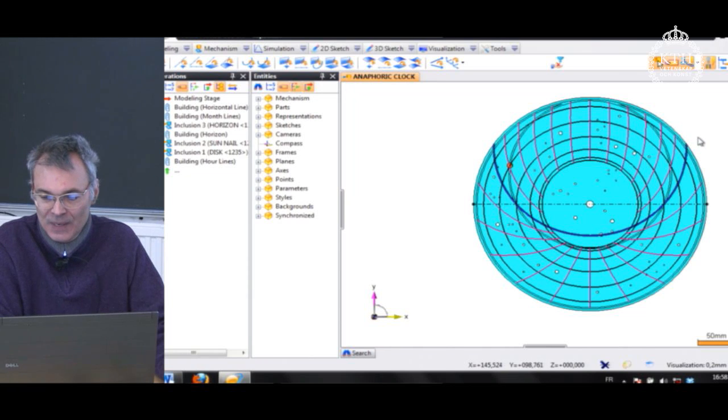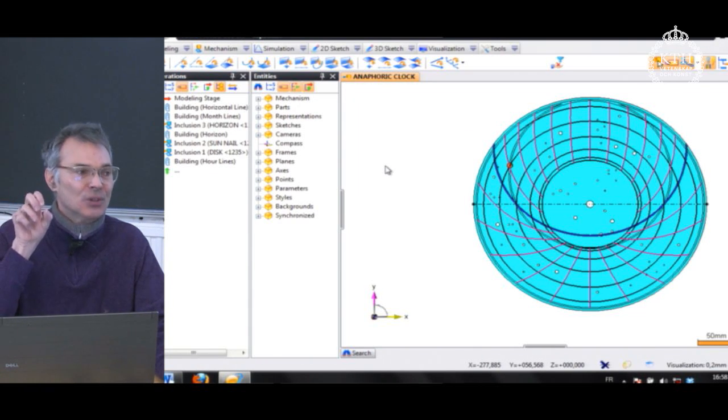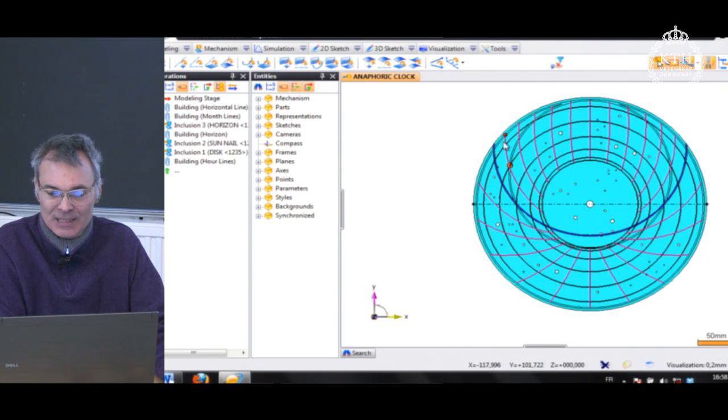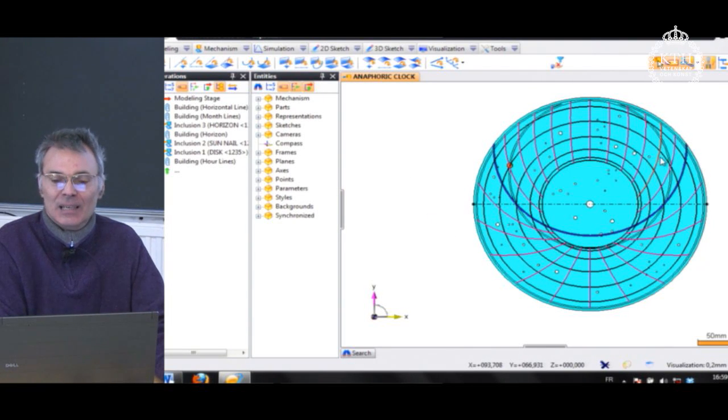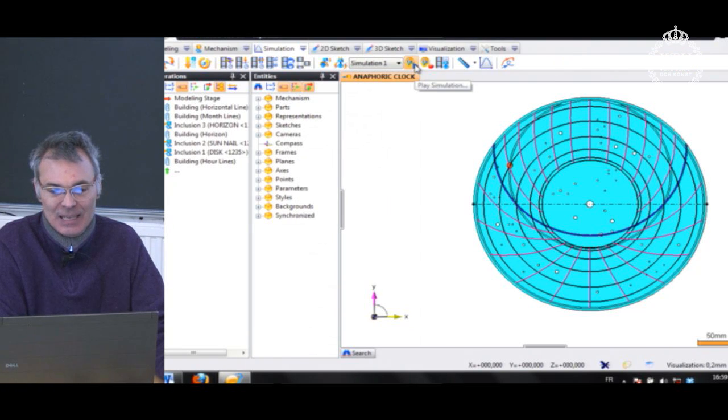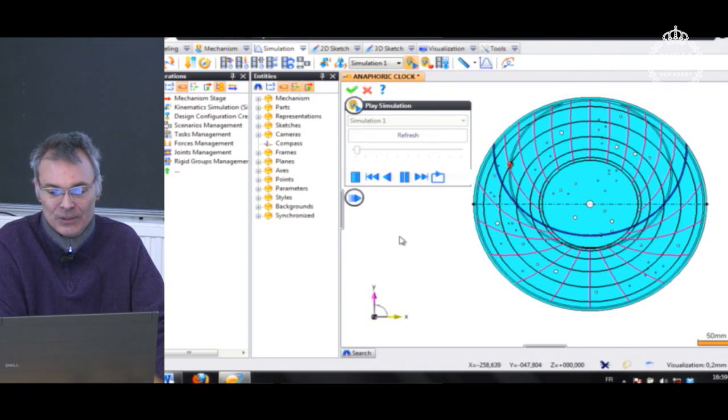So the blue one here is the horizon, well, the stereographic projection of the horizon. And as you can see here, there are 12 little arcs that are the day hours. So let's have it rotate just as the water tank would have done.